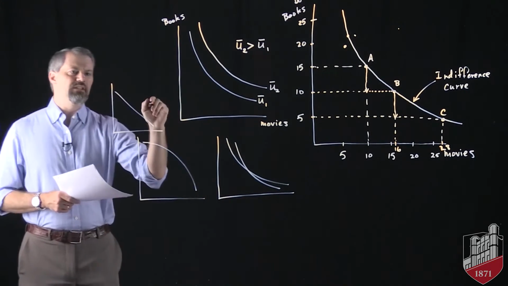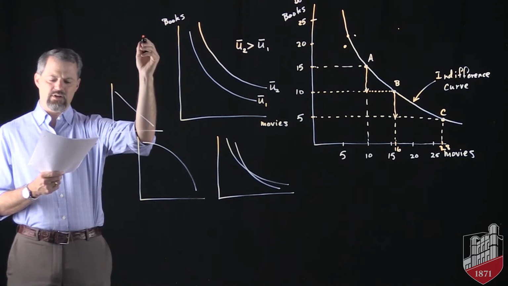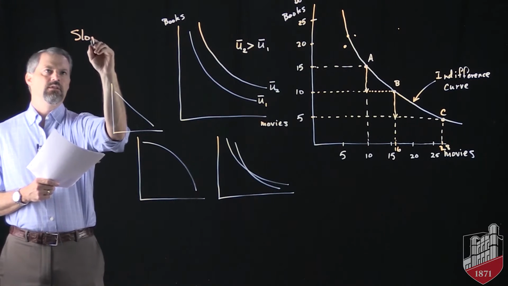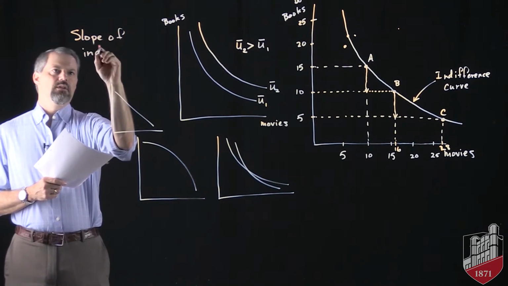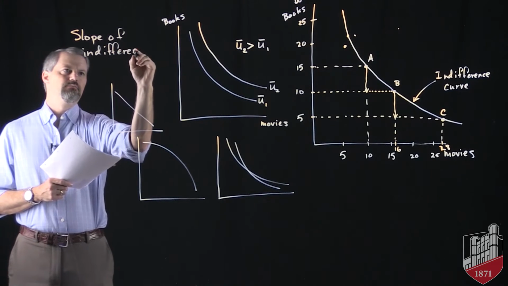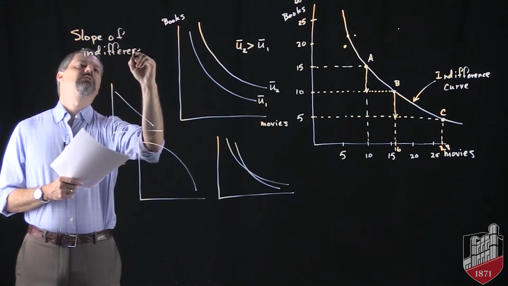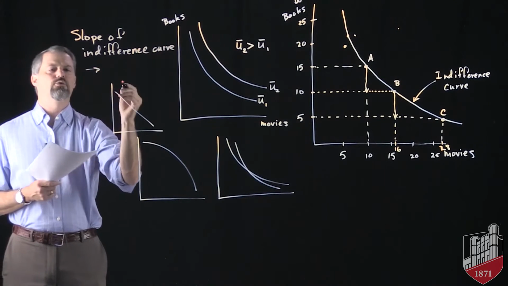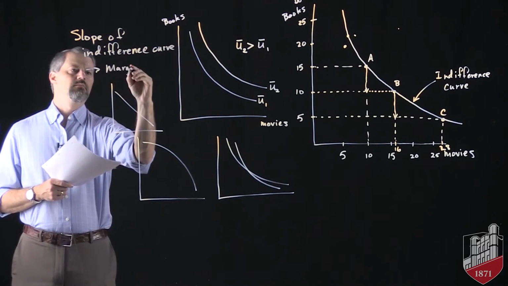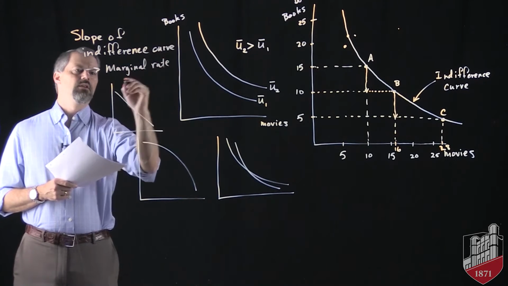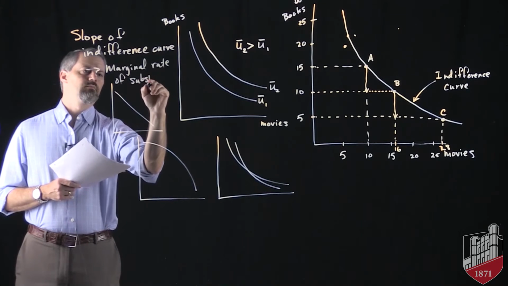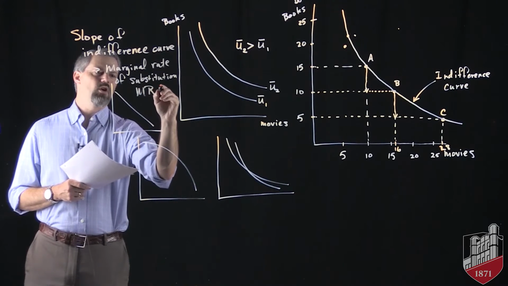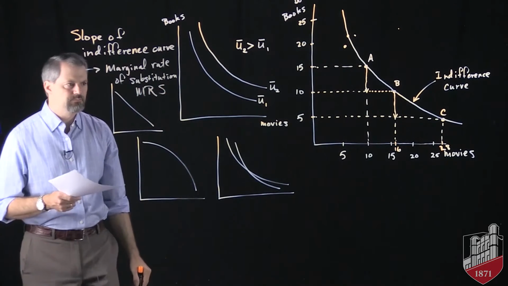We're not going to go into why this is true, but the slope of the indifference curve we're going to call the marginal rate of substitution, typically abbreviated MRS, marginal rate of substitution.